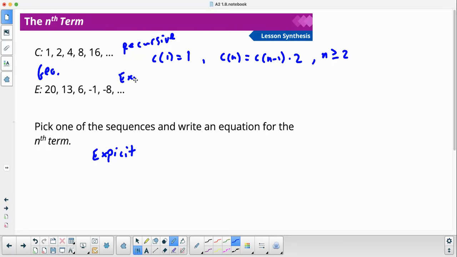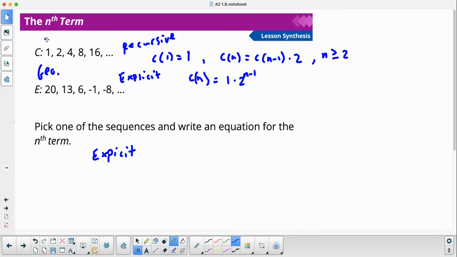If I wanted an explicit, you start with 1, and then you times it by 2 to the n minus 1 power.